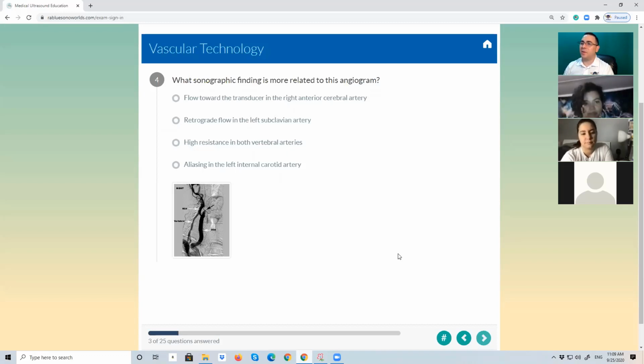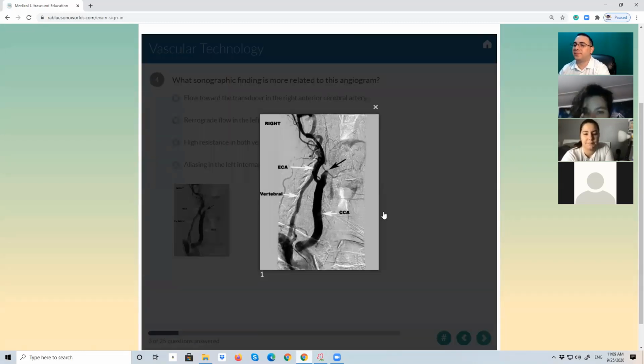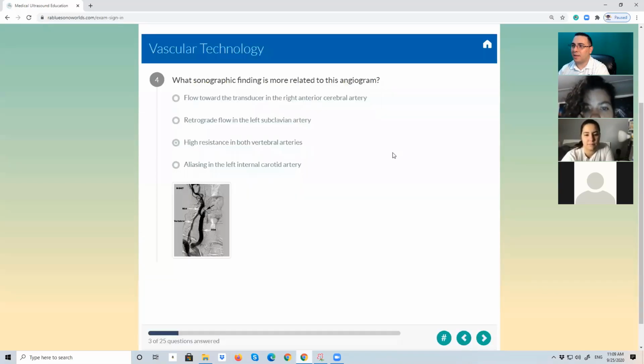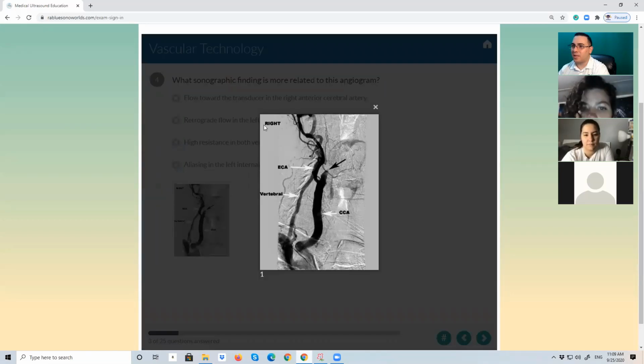All right, Daria, number 4 goes for you. What sonographic finding is more related to this angiogram? Let me show the picture here. This is a cool question, let me tell you. Take a look at the angio. This one's the right side. Right side.